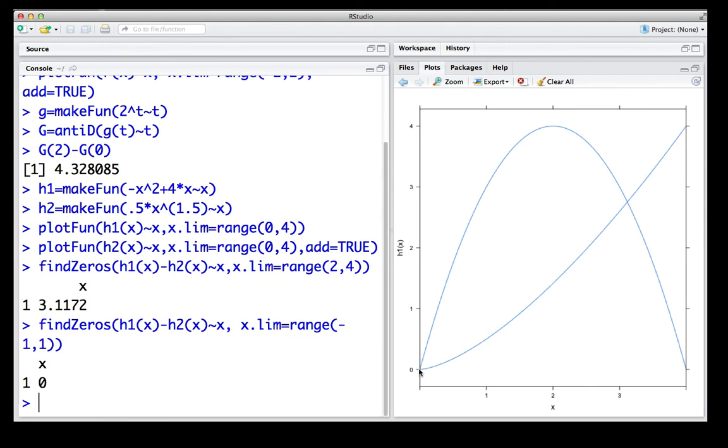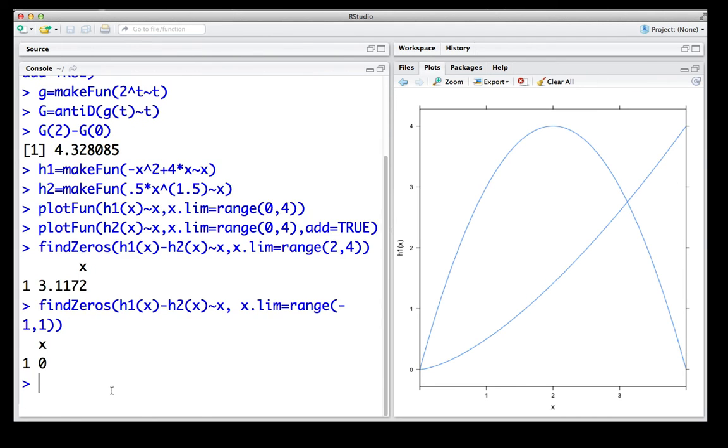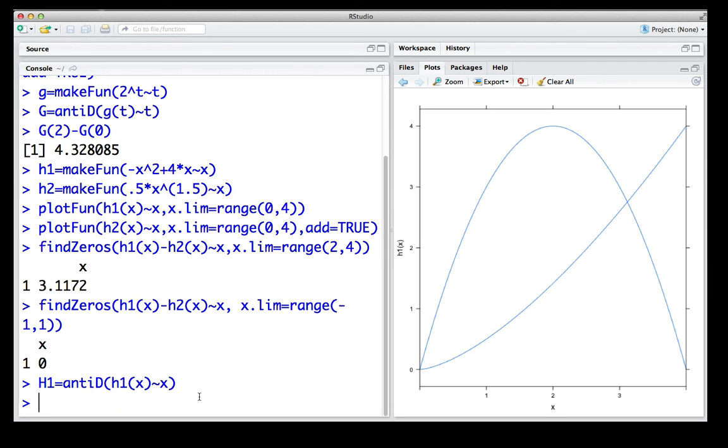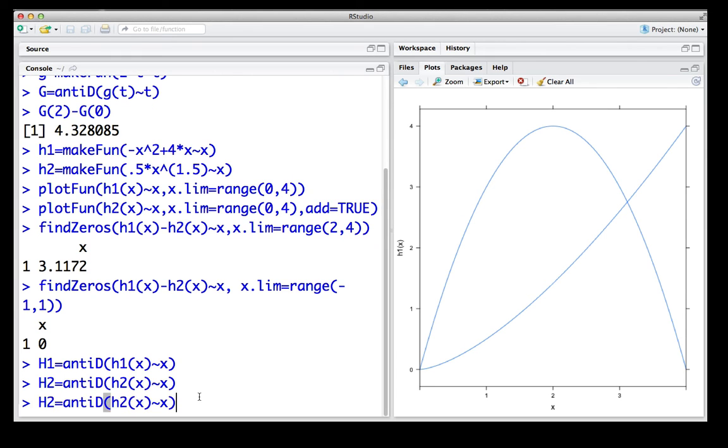So if we could integrate h1 minus h2 from 0 to 3.11, we'd be in business. And R lets us do this just like we did the previous examples. We simply need to find some antiderivatives. The rule says find the antiderivative of little h1, and we'll call that capital H1. Find the antiderivative of little h2. That's capital H2.